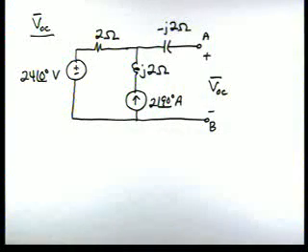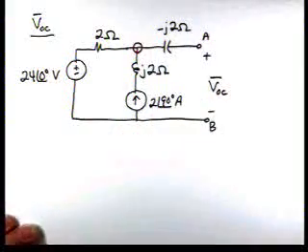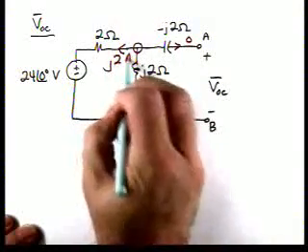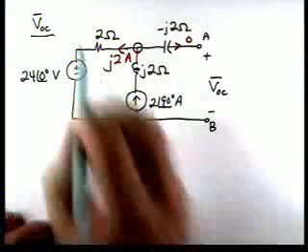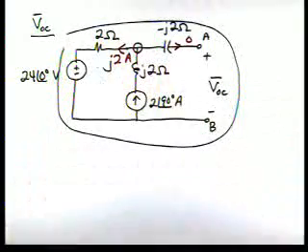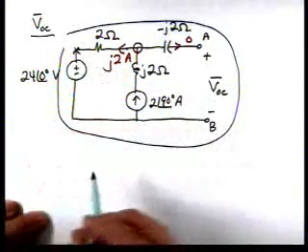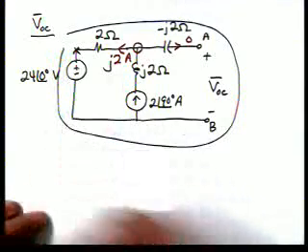If we apply KCL at this node, we know this is 0. So there's J2 amps flowing around there, and we can find VOC by applying KVL to the outside. Let's go around counterclockwise.